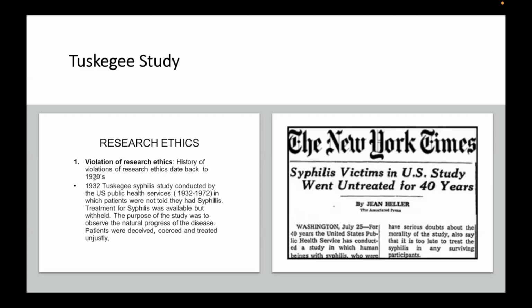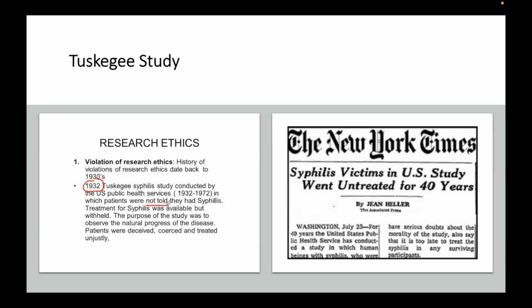And this was way back in 1932 when the US Public Health Services conducted the Tuskegee syphilis study, and patients were not told that they had syphilis. Can you imagine that? The patients were not told, it was not disclosed that they had syphilis. And during this time, a vulnerable population were the subjects, and these were the African Americans.